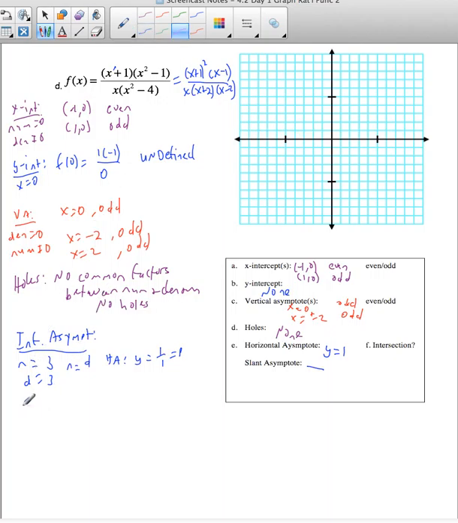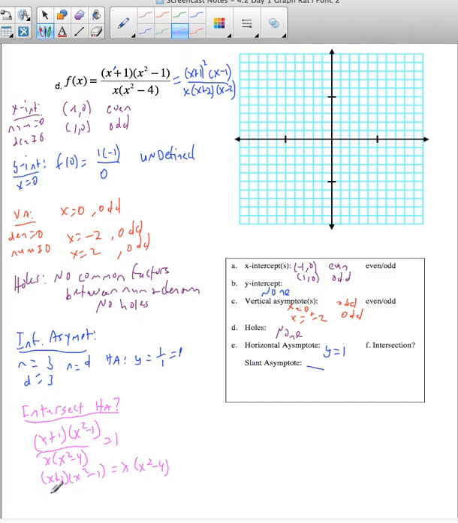And last, we want to know, does our graph intersect the horizontal asymptote? To determine that, we're going to set our original equation equal to the horizontal asymptote. I'm going to set that equal to 1. Multiply both sides of the equation by x times x squared minus 4. So we're going to have x plus 1 times x squared minus 1 is equal to x times x squared minus 4.